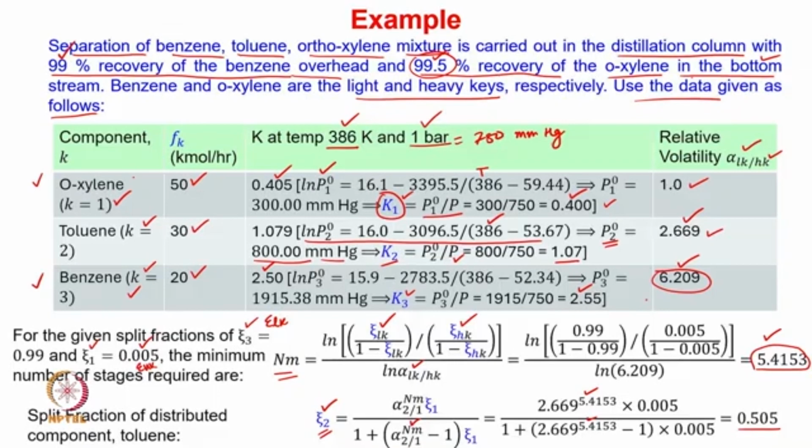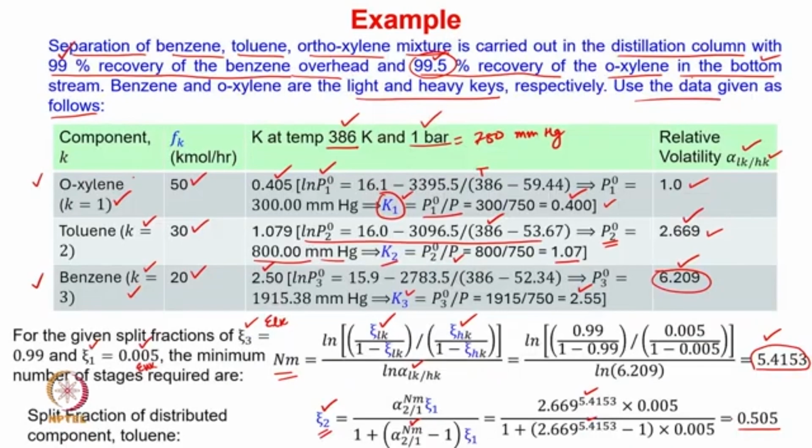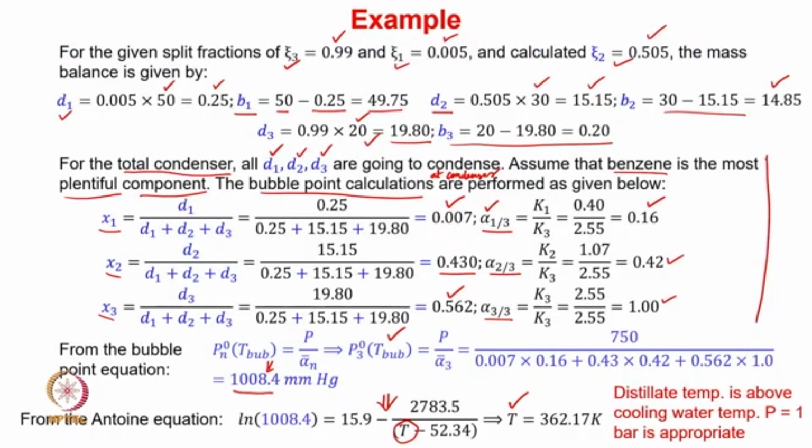And you can see that in this case the temperature comes around 362, which is greater than the cooling water temperature. Okay, so the temperature and the pressure which we have assumed here are okay in terms of the condenser. Now we have to do the calculation with respect to the bottom. So that we will look at in the next slide.